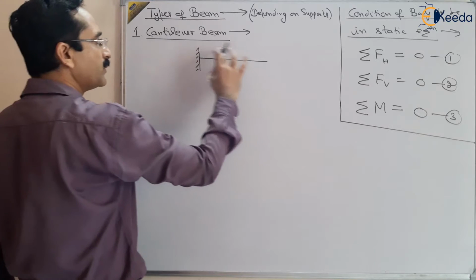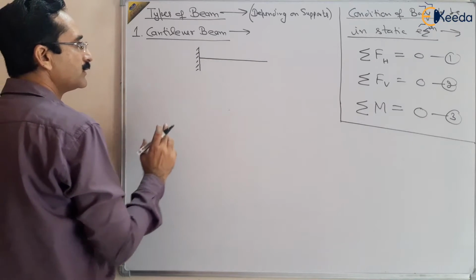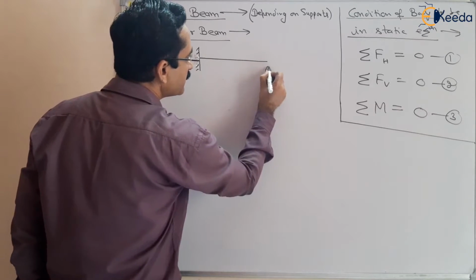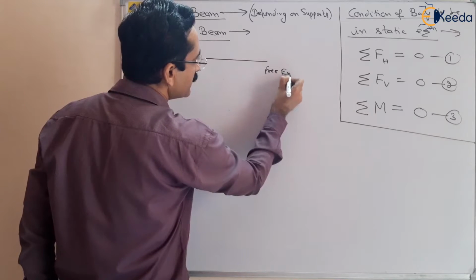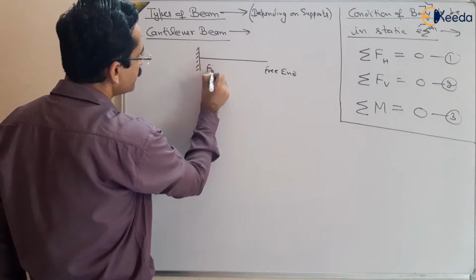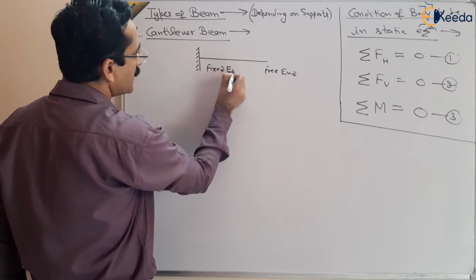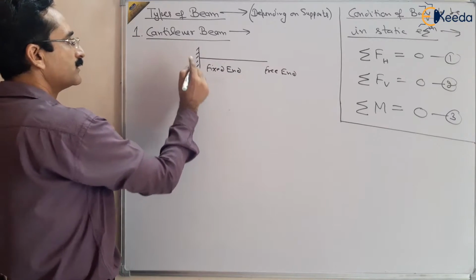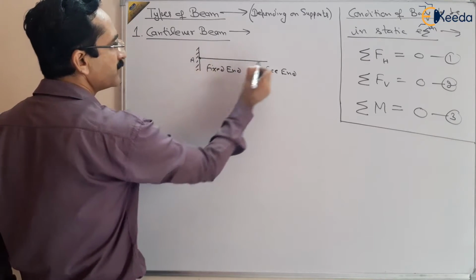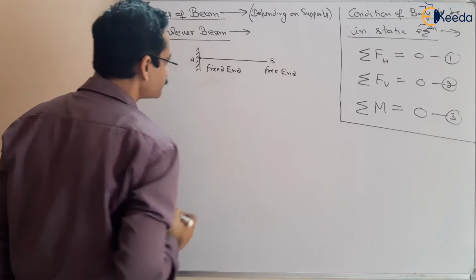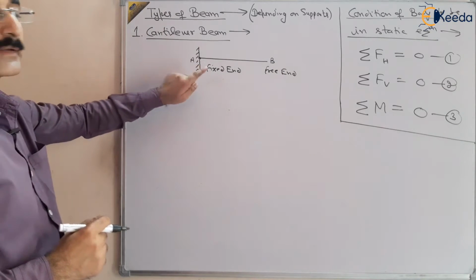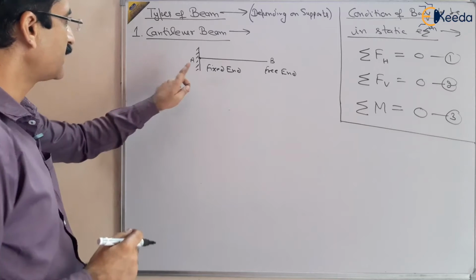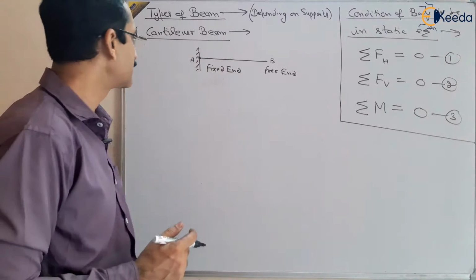So this type of beam is called cantilever beam, right? So this is free end, this is fixed end. So one is fixed end, suppose A, and this is free end, suppose B. This type of beam is called cantilever beam, which is fixed at one point and other end is free, right?